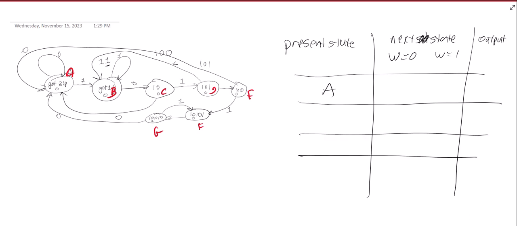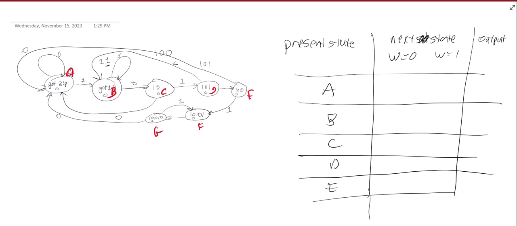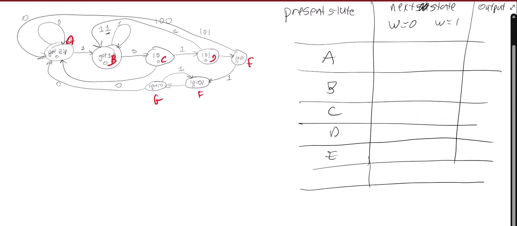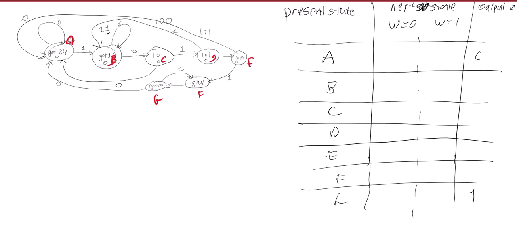So this would be A, B, C, D, E, F, G. And the only one that gets an output of 1 is G. Everybody else has an output of 0.